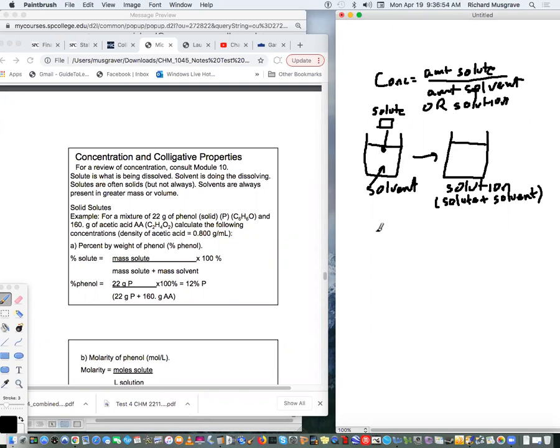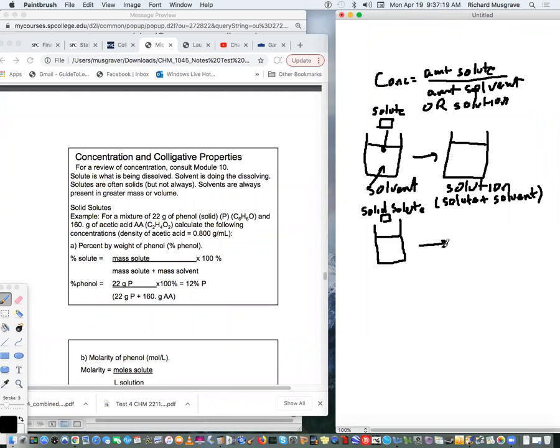There's another thing to consider as well, and that's the effect of a solute on the volume of the solution. So if this is a solid solute, I'm going to make a big deal about this because we do handle these things a little bit differently.